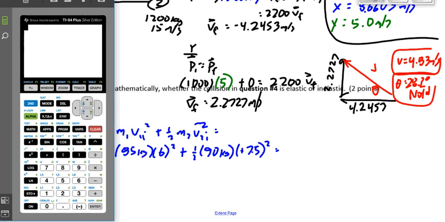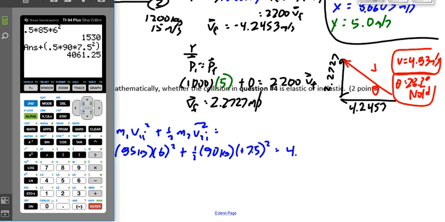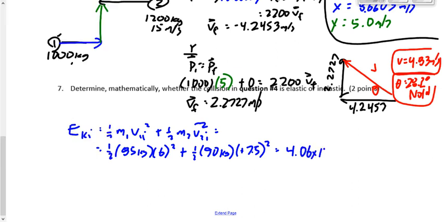Let's calculate that. Let's say 0.5 times 85 times 6 squared plus bracket 0.5 times 90 times 7.5 squared, and the bracket gives me 4061.25, or 4.06 times 10 to the 3 joules, to 3 significant figures.